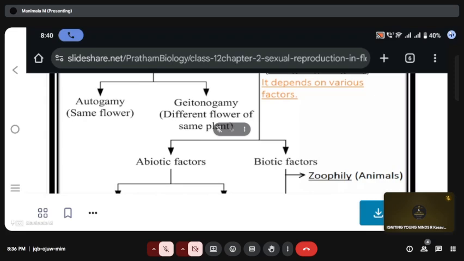Geitonogamy is the transfer of pollen grains from anther to the stigma of the flower present in the same inflorescence or in the same plant. It takes place between bisexual or unisexual flowers of the same plant. Make a note of it. And it is genetically equivalent to self pollination.